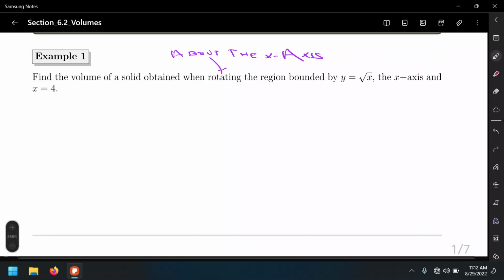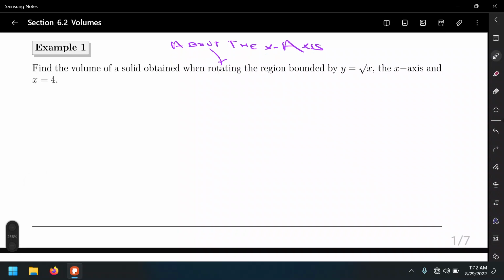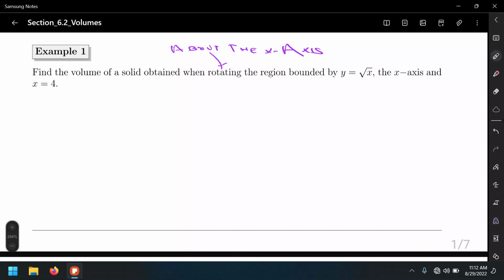And bounded by y equals the square root of x, the x-axis, and x equals 4. So in a similar way that yesterday we started with a problem in which everything was given, just ready to set up the integral, we're going to do the same here to warm up with this type of problems.